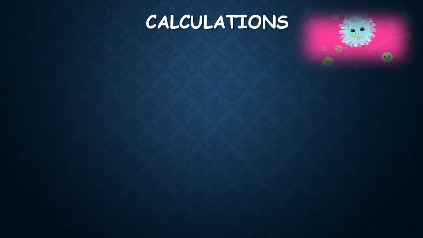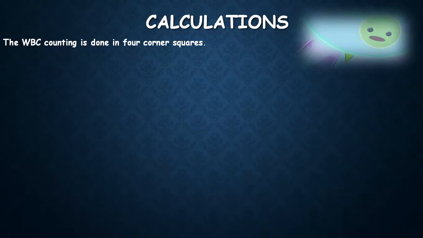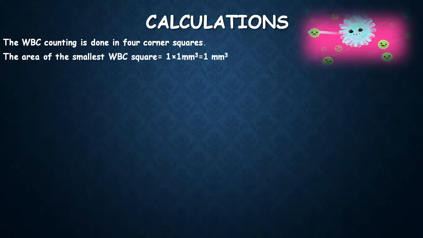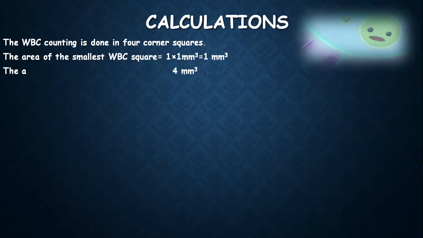Next one is calculation. The WBC counting is done in the four corner squares. The area of the smallest WBC square is equal to 1 into 1, which is 1 mm squared.